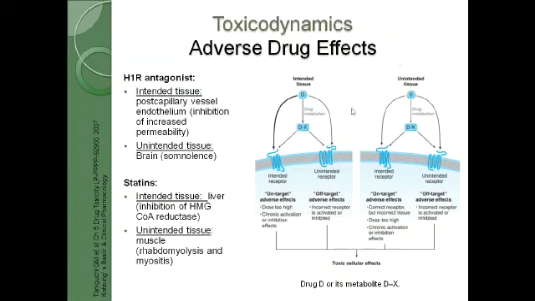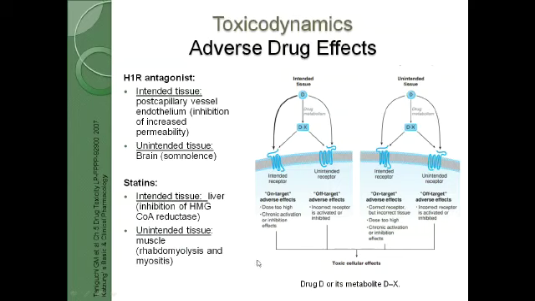So this figure summarizes intended tissue and unintended tissue effects. Here is the drug. Drug is metabolized to its metabolite. They can act on intended receptors and unintended receptors in the intended tissue. Also, the drug and its metabolite can act on intended receptor and unintended receptor in the unintended tissue.